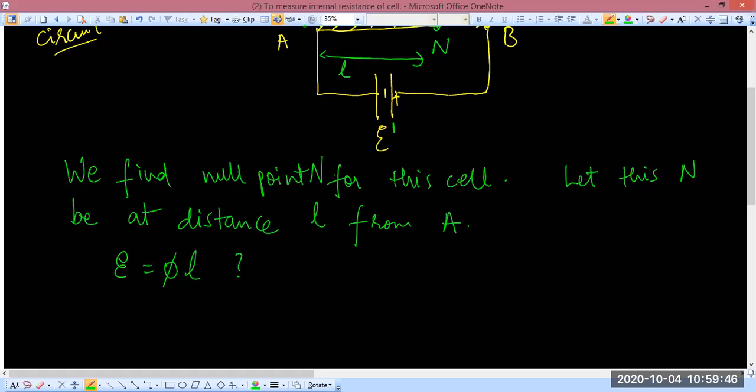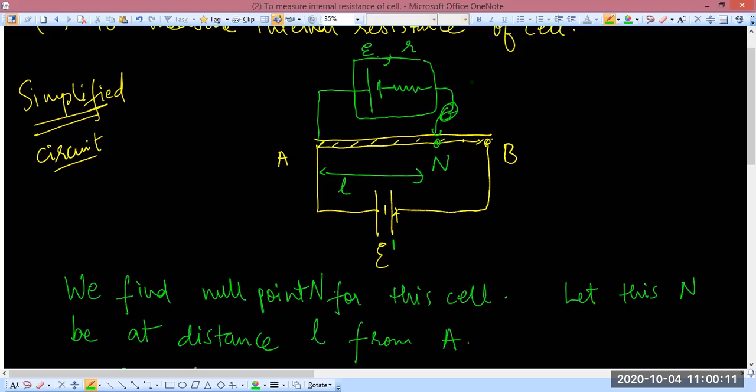How do you get this? Yes, by potential gradient, or Kirchhoff's voltage law, whichever way you understand it. See again, if this is a null point here, you will get zero current, right?